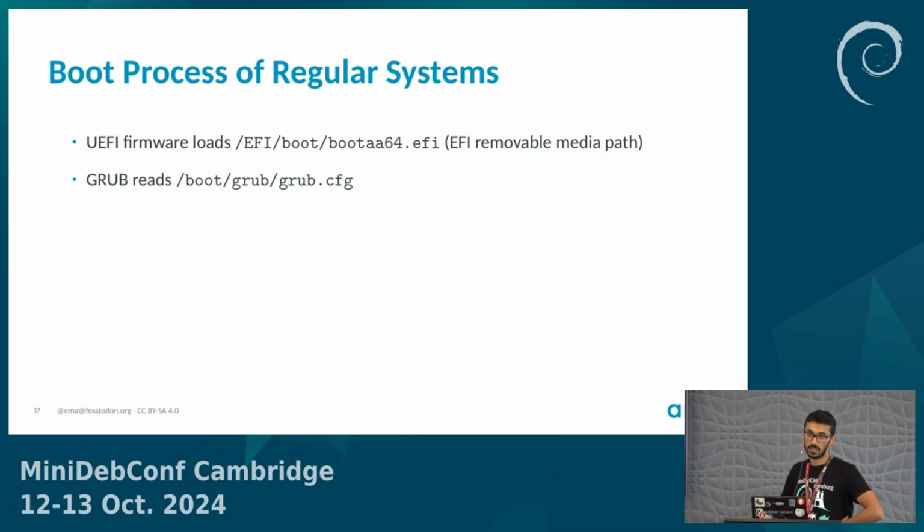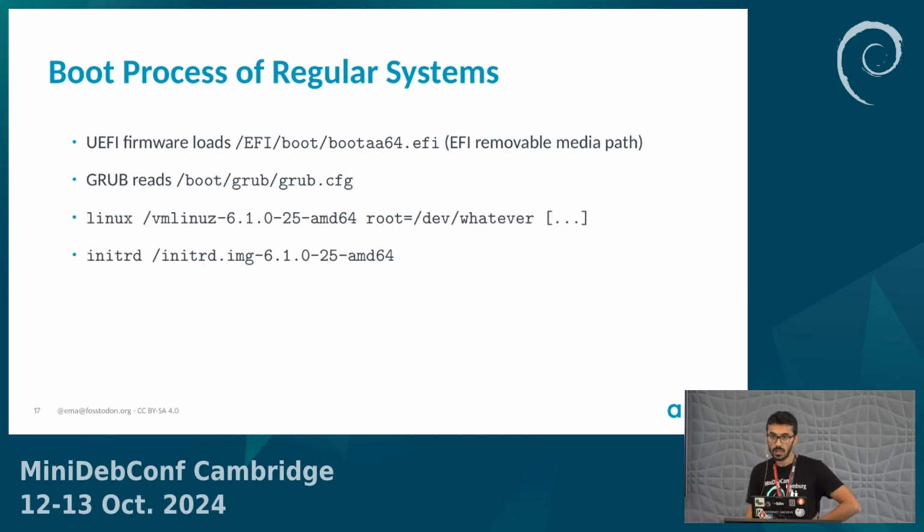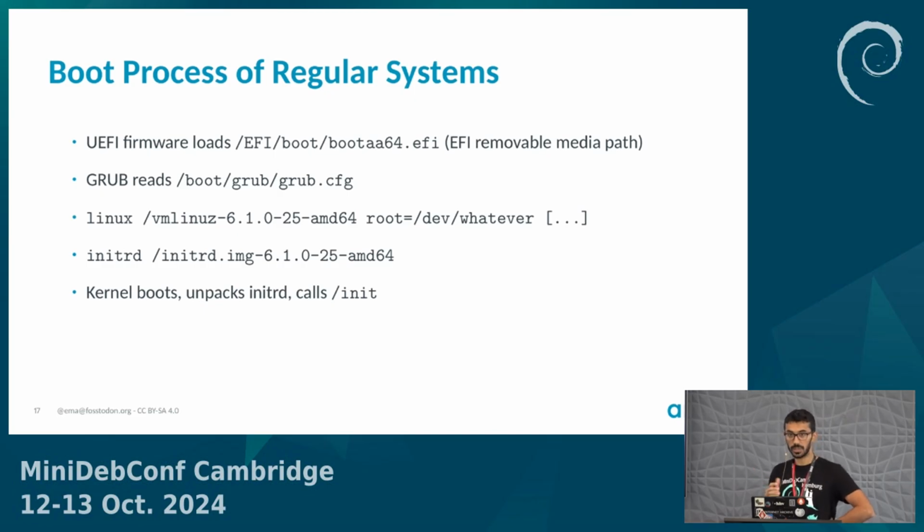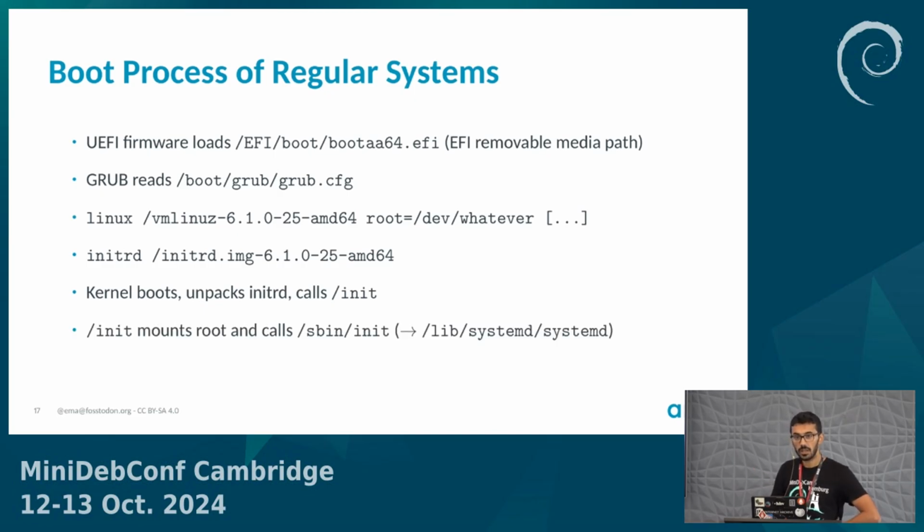Grub then reads a config file. This config file has one statement for the Linux kernel with the path to the image, probably a root device and other things. And finally, the initrd. Then the kernel boots, unpacks the initrd, and calls init from the initrd itself. Init does a lot of things, including mounting root, and then it calls /sbin/init, which nowadays is a symlink to systemd.